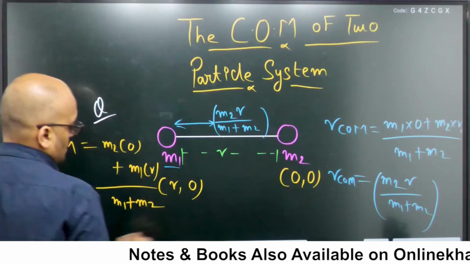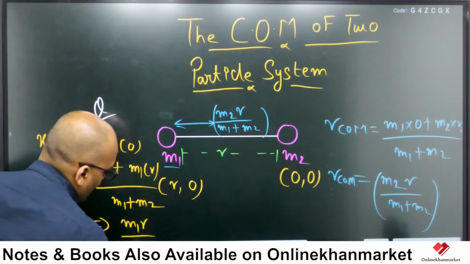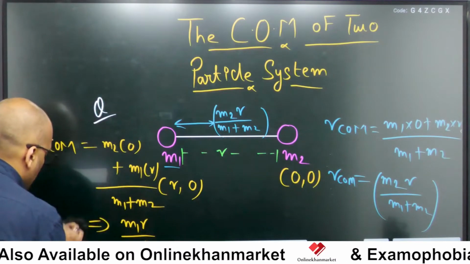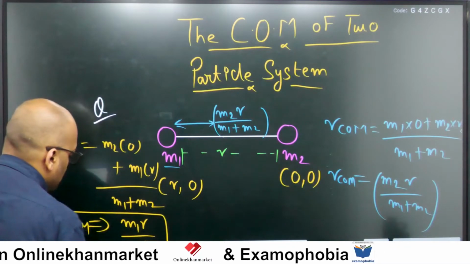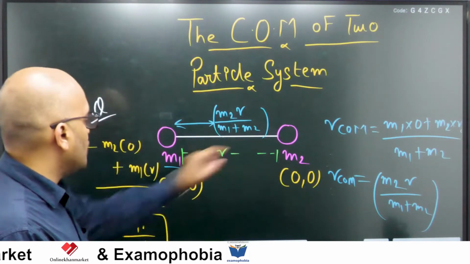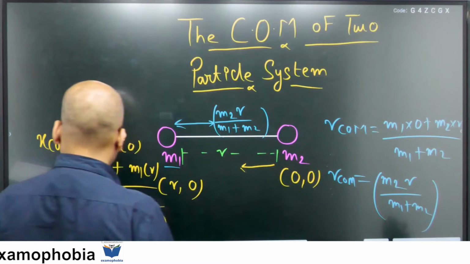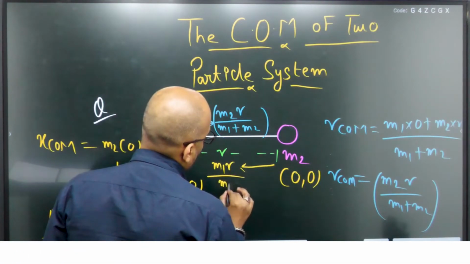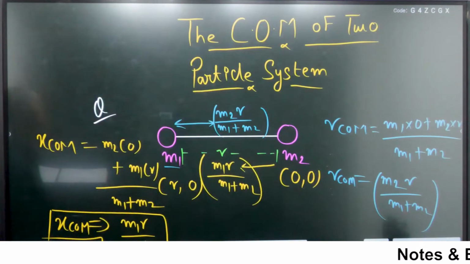So my answer comes out to be m1r divided by m1 plus m2. These are the coordinates along x-axis for our center of mass with respect to m2. So with respect to m2, I can say that center of mass is located at the point m1r divided by m1 plus m2.